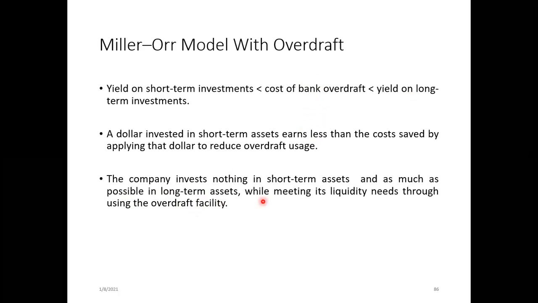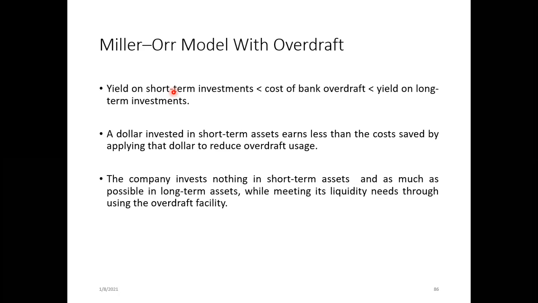The company invests nothing in short-term assets, and as much as possible in long-term assets, while meeting its liquidity needs through using overdraft, right? So the advice, according to this model, is don't invest your money in short-term securities, but put that money in long-term securities.